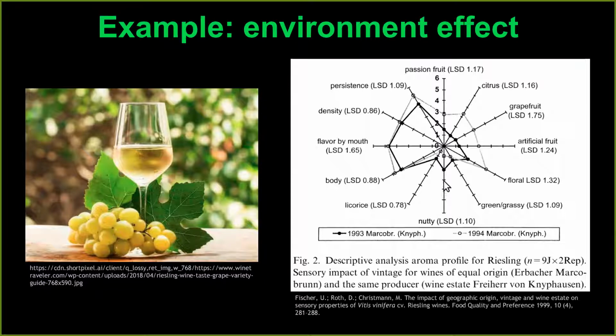This is a study that researchers did on Riesling grapes grown on the same farm in 2 different years. You can see one year in the dark color, the other year in the light color. And you can see that even between different years, the aroma and flavor characteristics are different.